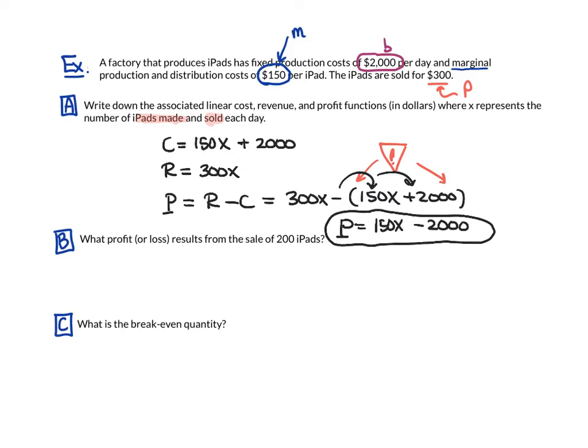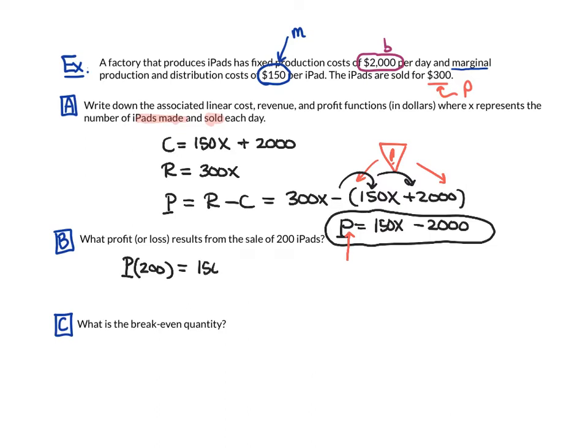The next part says, what profit or loss results from the sale of 200 iPads? So what we're going to do is take our profit function and evaluate it at 200. You'll notice oftentimes I suppress the X when I write the P or the R or the C, and that's just natural, that's convention in mathematics. But if you're going to evaluate at 200, we'll write it in this functional notation.